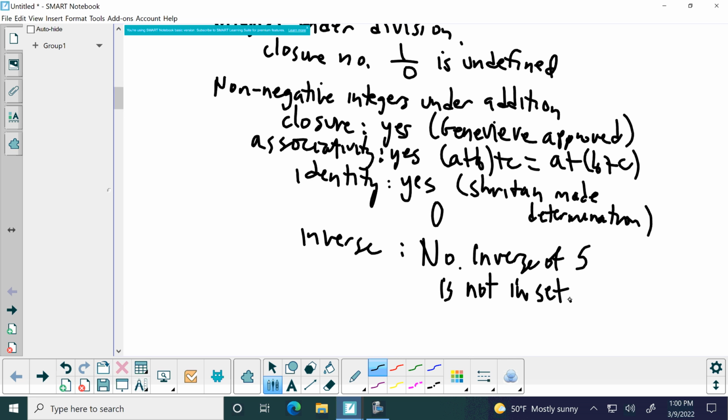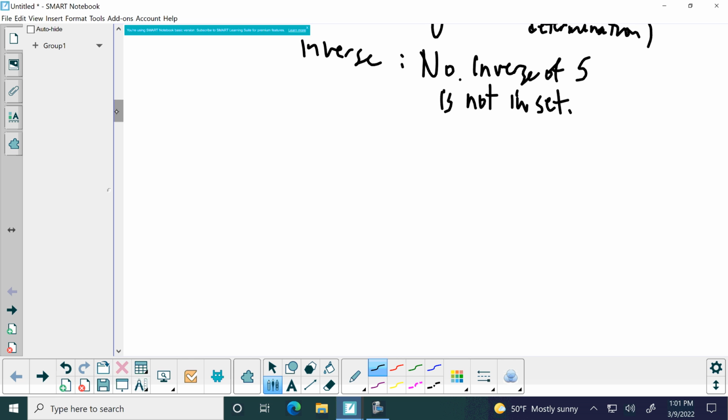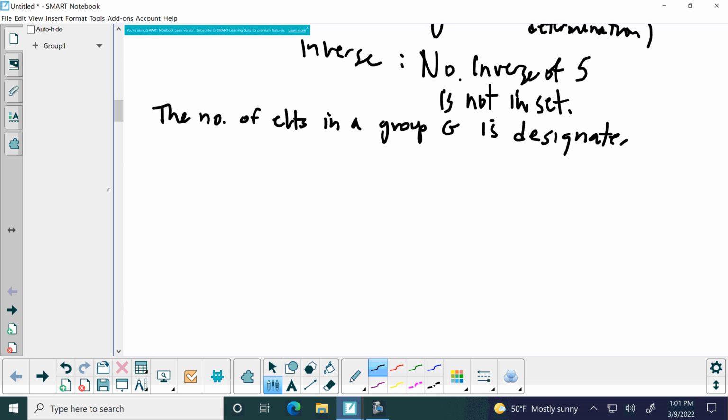Okay, very good. Some basic notation I forgot to mention: the number of elements in a group G is designated by O of G and read order of G. So the order of the group is the size of the group.